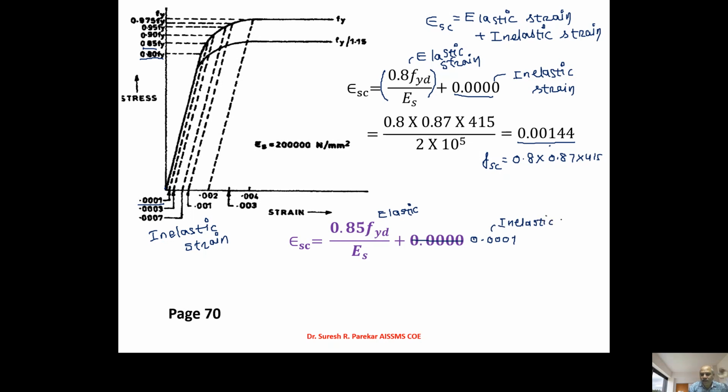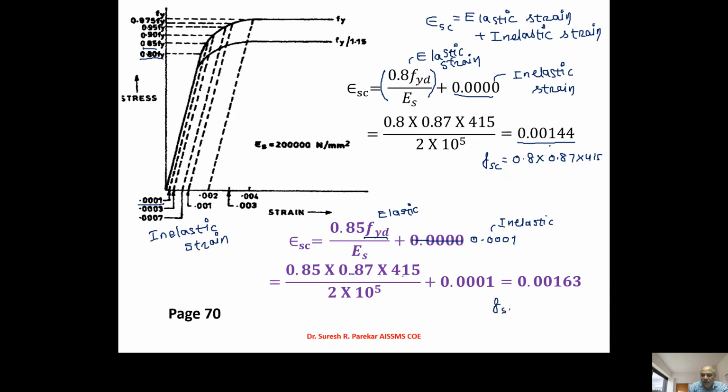Putting the values, 0.85 into 0.87 fy upon Es plus 0.0001, we get 0.00163. And fsc in this case is 0.85 into 0.87 into 415.